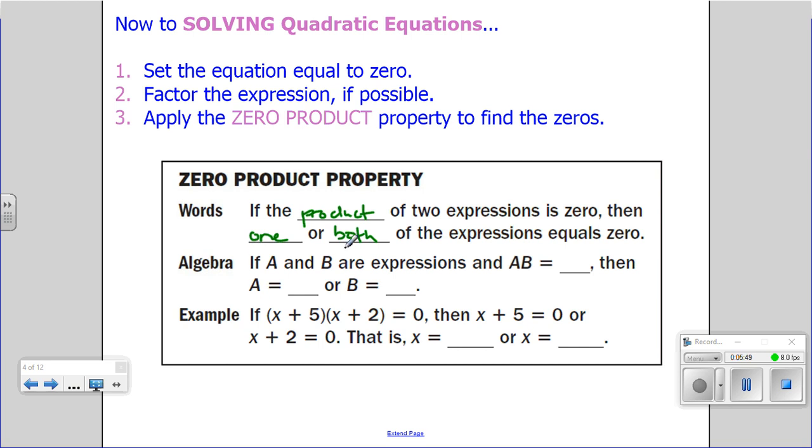In algebra, if A and B are expressions and A times B is equal to 0, then A equals 0 or B equals 0. So here's an example. If x plus 5 times x plus 2 equals 0, then x plus 5 is equivalent to 0, or x plus 2 is equivalent to 0, which means that x would be negative 5 or x would be negative 2. So this is how we're going to use the zero product property to solve equations by factoring.